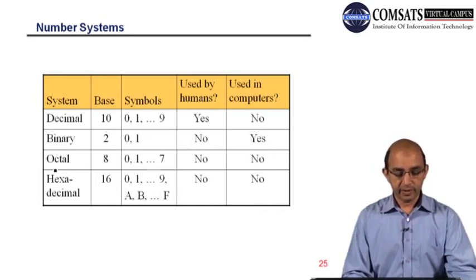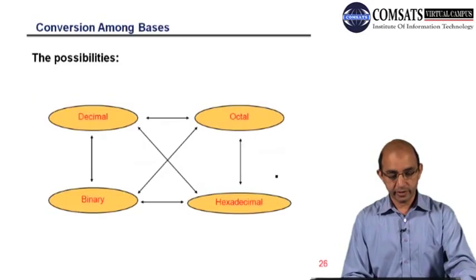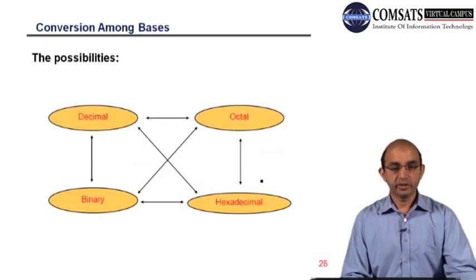Then hexadecimal is base 16, with 0, 1 up to 9, and in place of 10 we have A, 11 for B, and 15 for F. Used by humans, no. From the design point of view, no, but from the application point of view regarding the computer system, yes. So this is the conversion I was talking about.